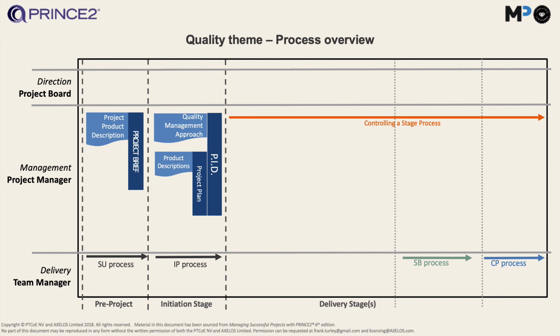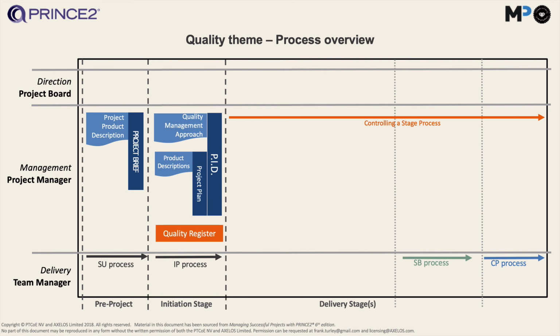So if we want a door, for example, we say how thick the door is, what color it is, the pricing of it, what kind of a lock it has to have, and so on. So all that quality information is actually in the product description, and that becomes part of the project plan. Actually, the product descriptions make up about 80% perhaps of the project plan. It's a lot of requirements documents that go in there.